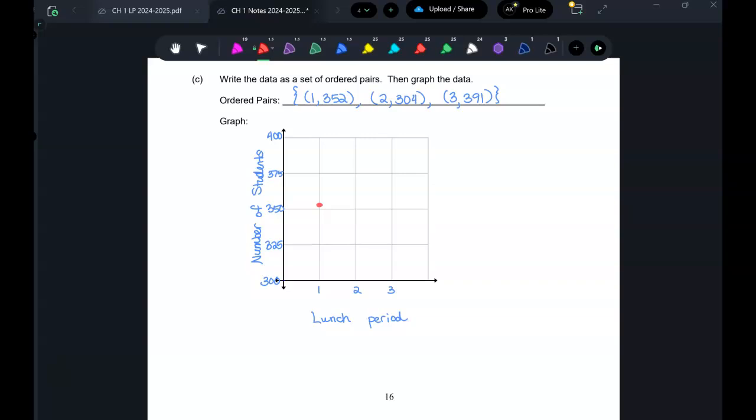So that's going to go down here, right? Just above 300. Okay, so boom. Where would 391 go? Right below the top. Here. There you go. Yay. Okay, so boom.